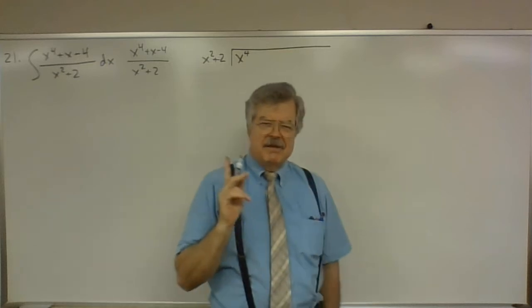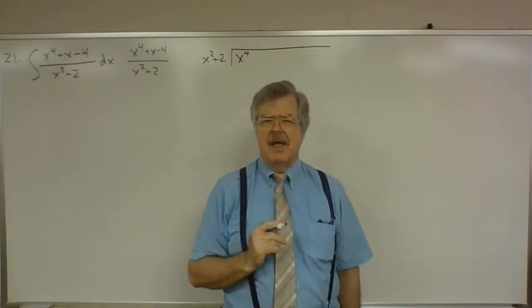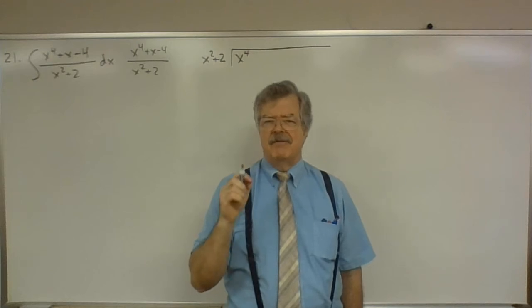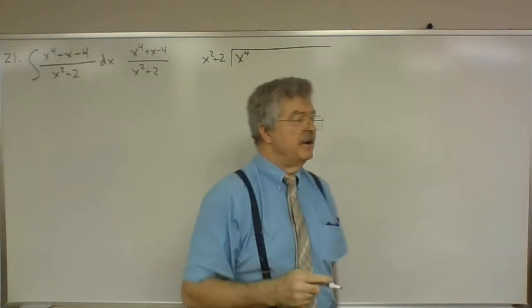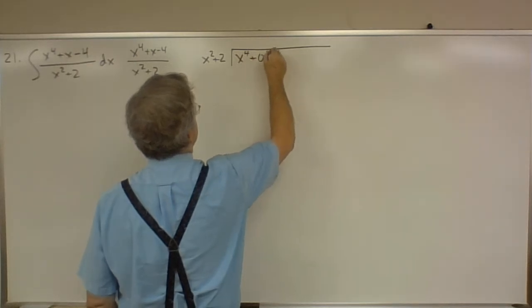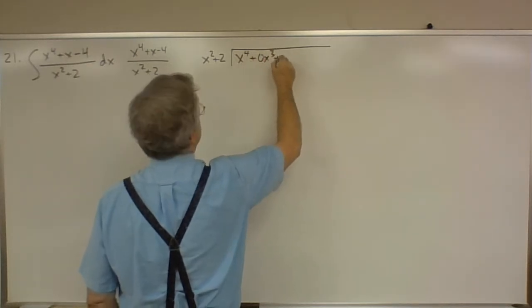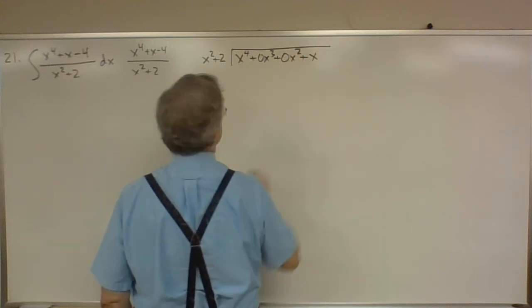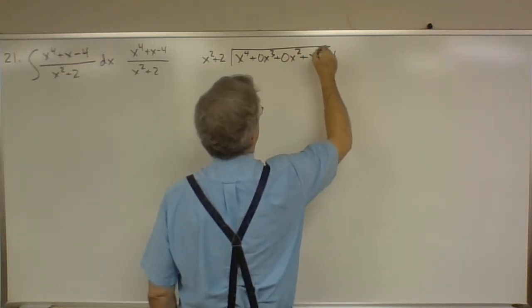And when I write my dividend down, I'll make sure that every power of x has its own space here. So I'll have x to the fourth plus 0x cubed plus 0x squared plus x minus 4.